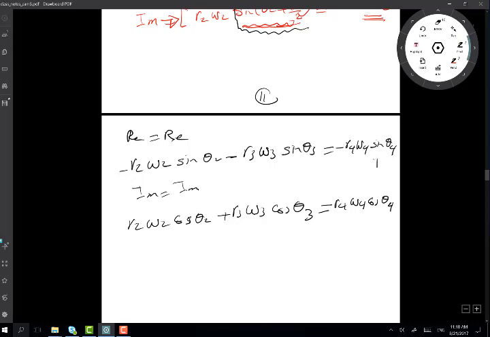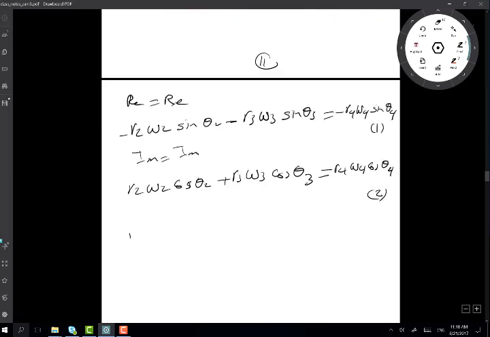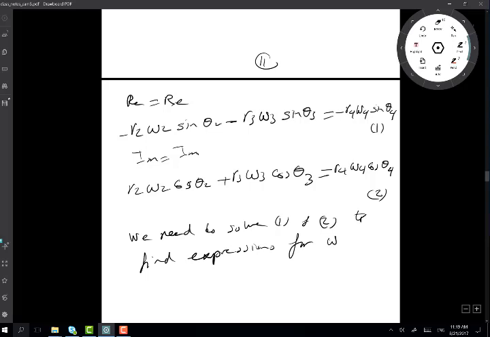Now I have equation 1 and equation 2. We need to solve equations 1 and 2 to find expressions for omega 3 and omega 4.